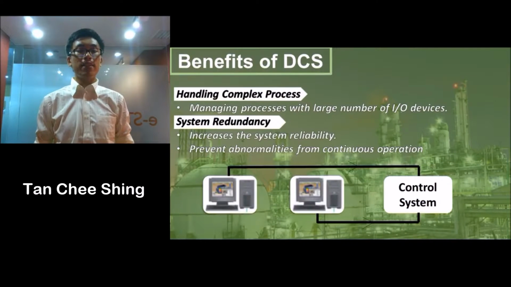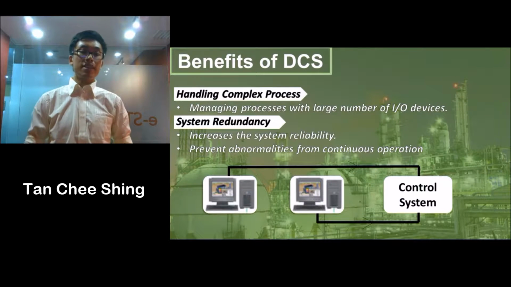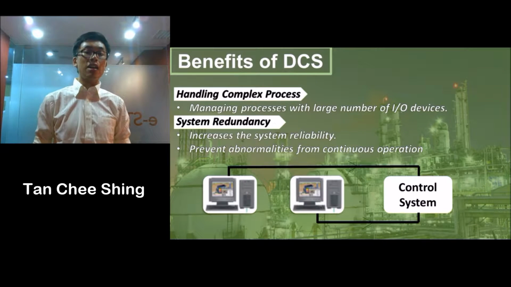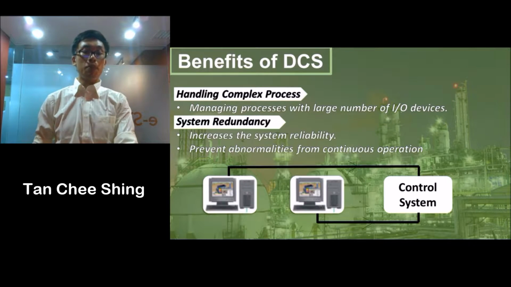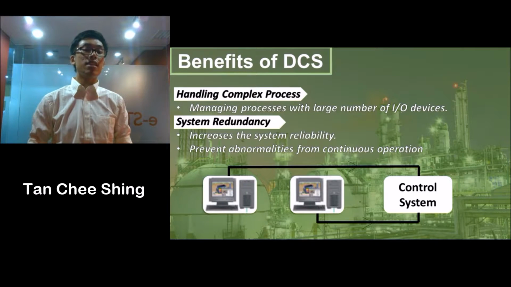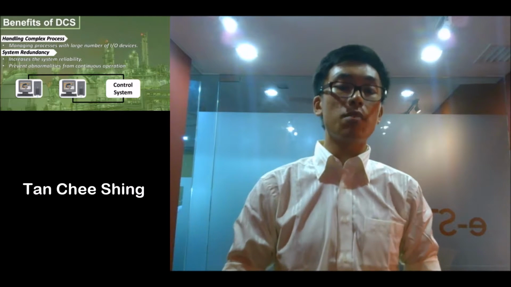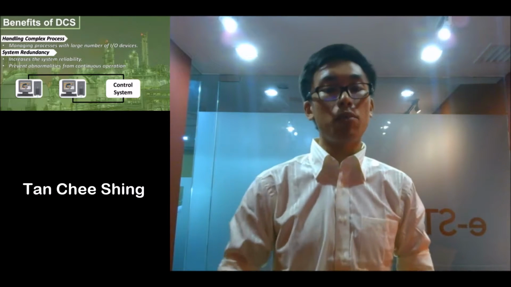DCS is capable of handling complex processes that spread out across a large area. This is extremely important in the oil processing industry, owing to the large number of I/O devices, input and output devices. Apart from that, system redundancy is also a special feature it has, which increases the system reliability to prevent abnormalities from continuous operation.